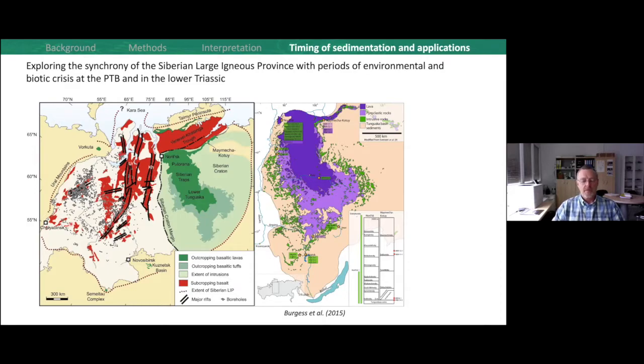All the intrusive part of this large igneous province, so dikes and sills, cut through the sediments of the Tunguska Basin, full of organic matter, of coal seams, but also of evaporites. So we can imagine that massive amounts of CO2 and also SO2 were injected into the atmosphere and led to the climatic change, which we need to have so much impact on life.